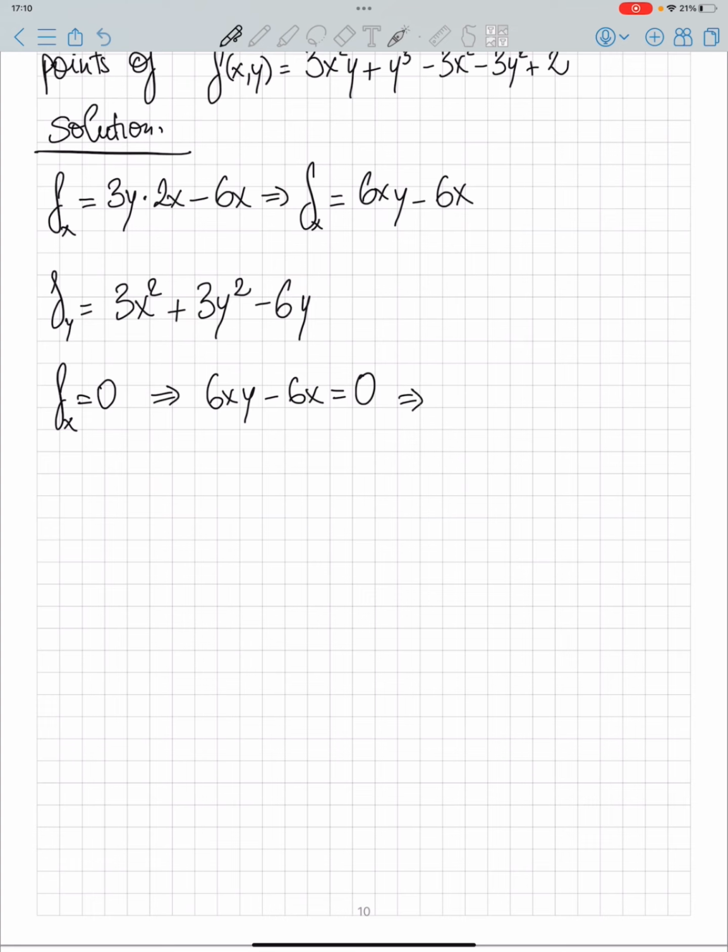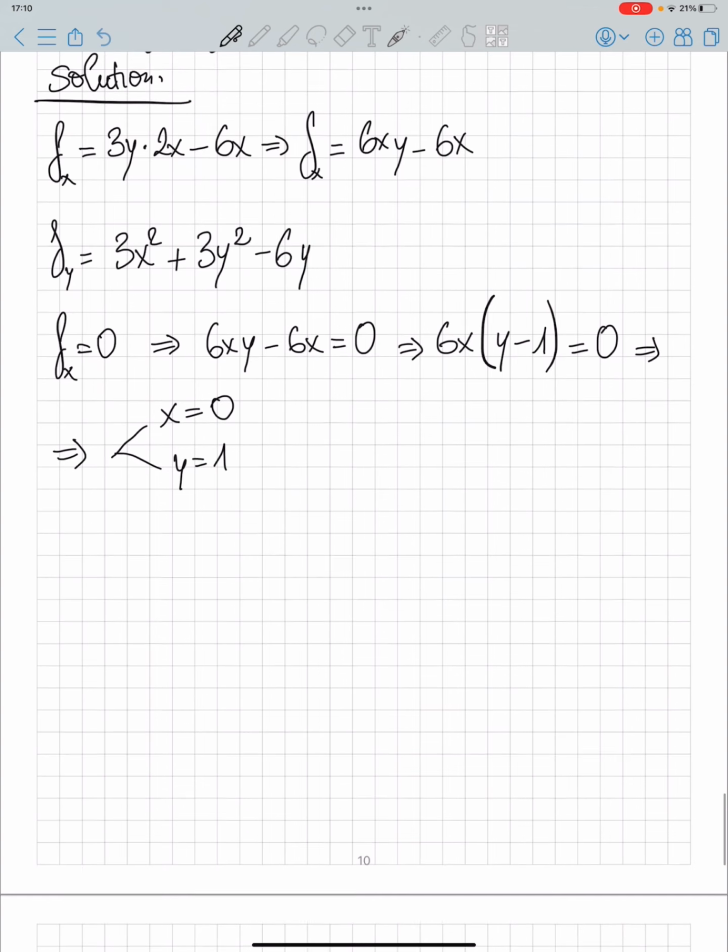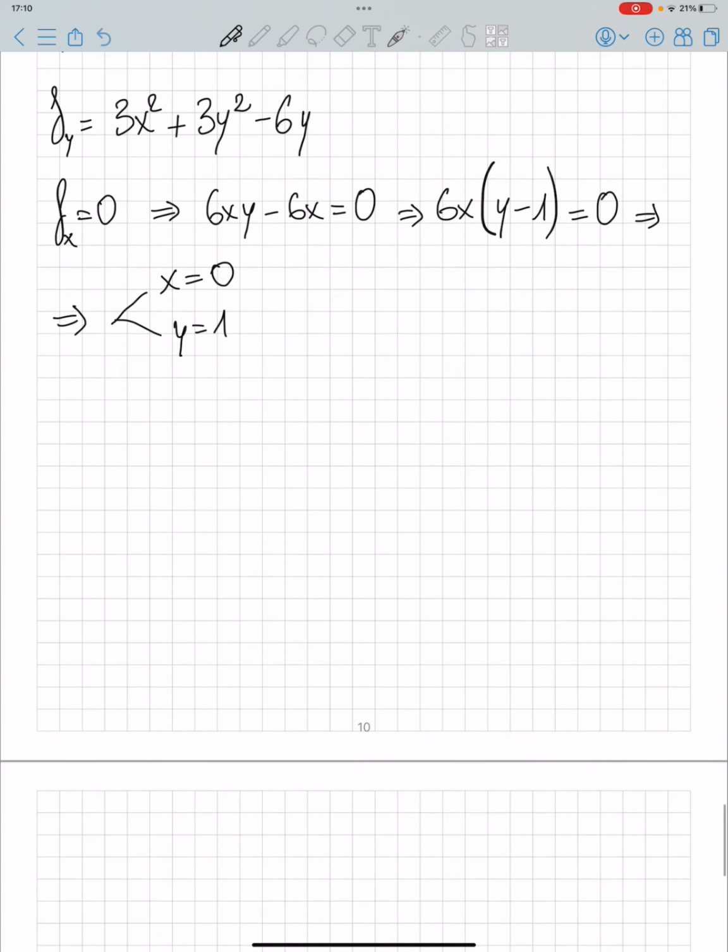This implies now we have 6x on both terms, so we're gonna factor out 6x, and then we're gonna be left with y minus 1, right, is equal to 0. Now this implies that x is equal to 0 from this one, and y minus 1 is equal to 0, which means y is equal to 1, right? We have our fx is equal to 0.